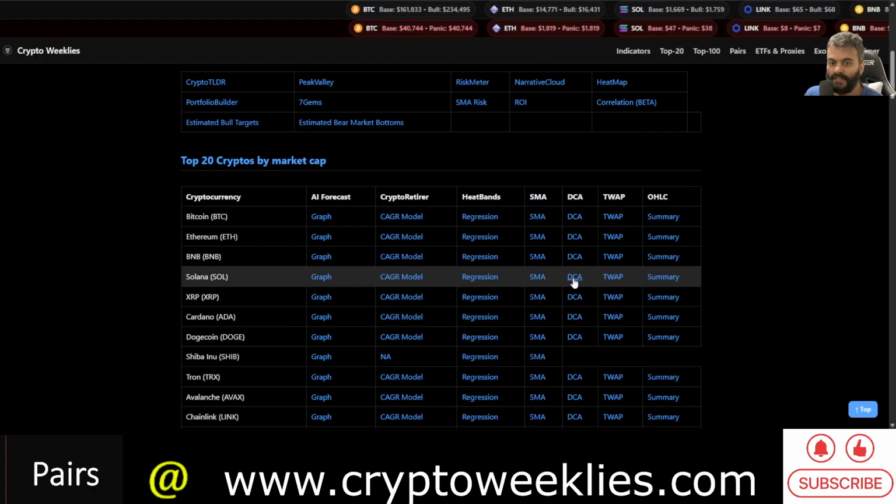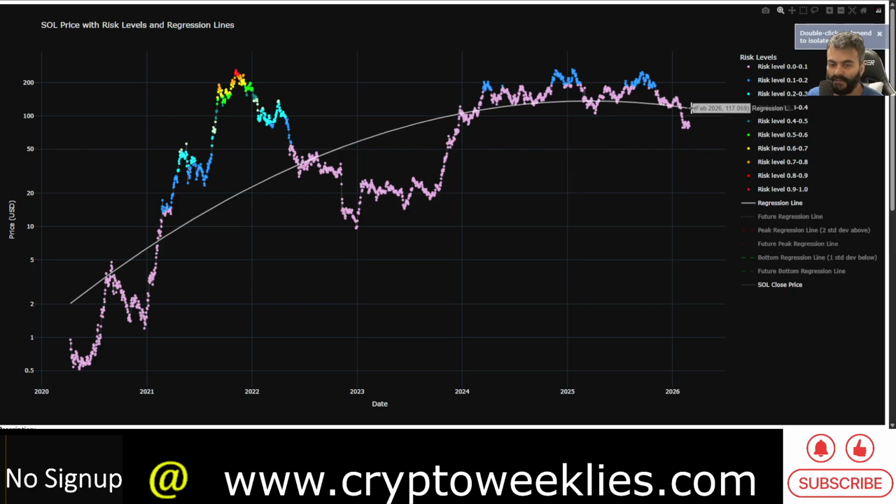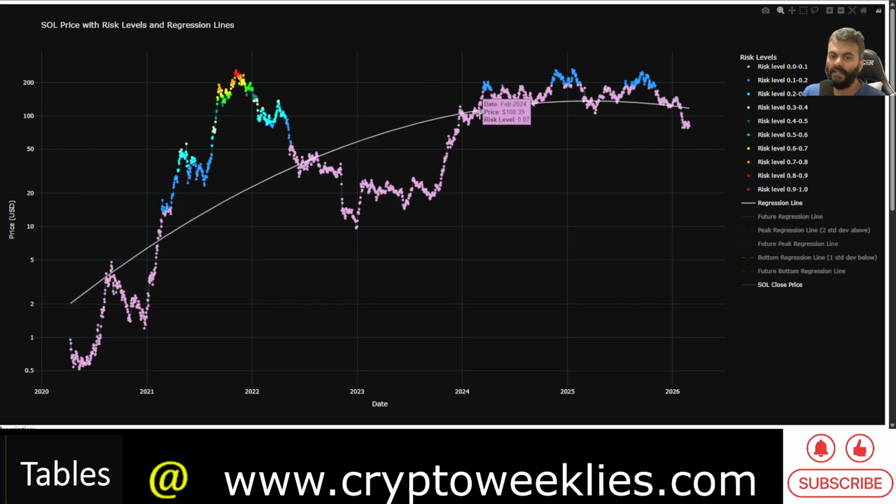The DCA model we haven't seen, but the polynomial regression based fair value is the one area of concern for Sol. The polynomial regression based model says that the fair value is going down with time. So it might take the conclusion of the bear market for Sol to be meaningfully above the regression based fair value, like it eventually was in March of 2024.